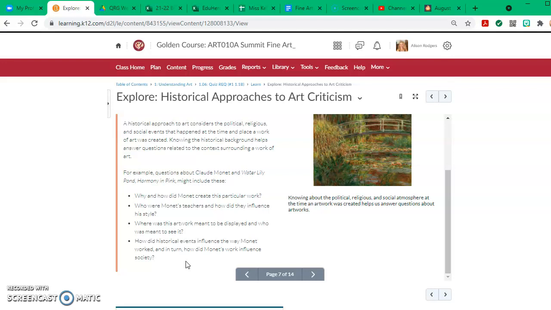Why and how did Monet create this particular work? Who were Monet's teachers and how did they influence his style? Where was this artwork meant to be displayed and who was meant to see it? How did historical events influence the way Monet worked and in turn, how did Monet's work influence society?